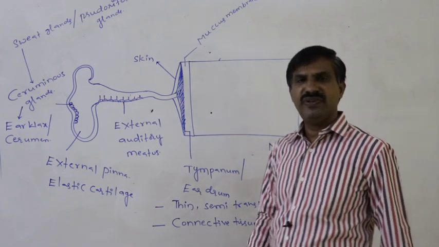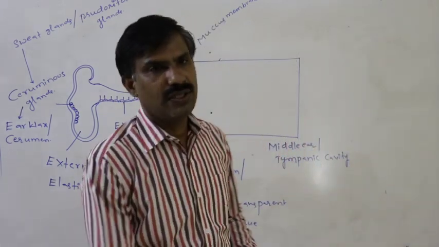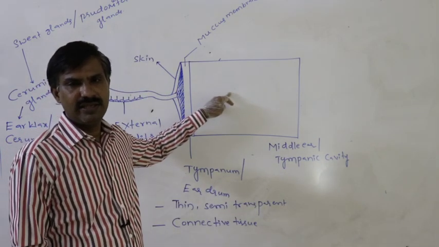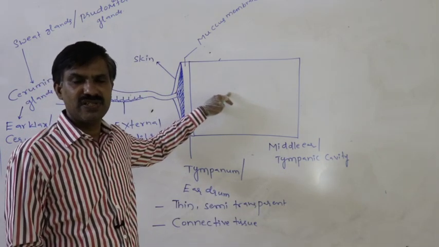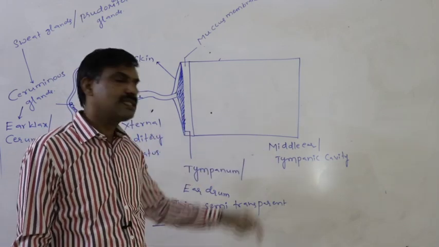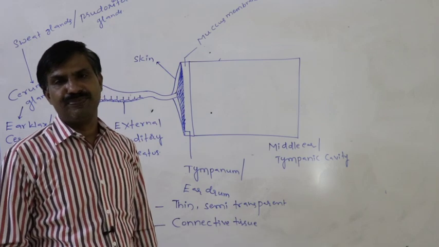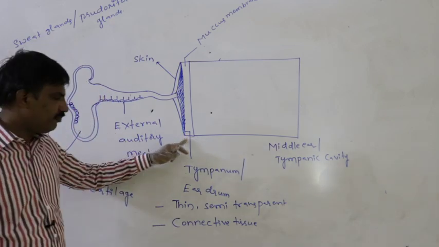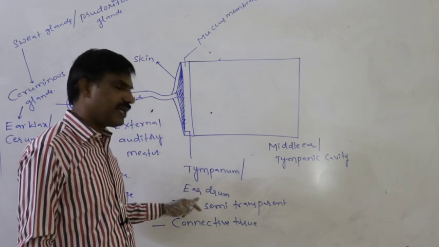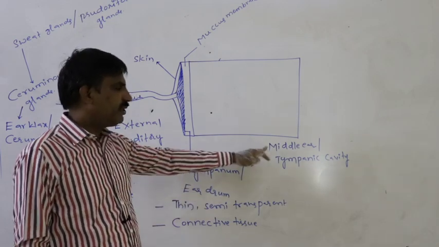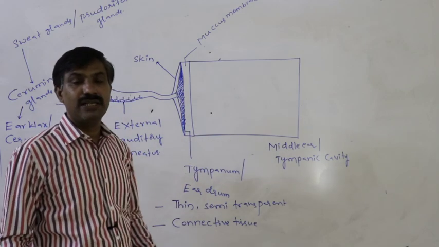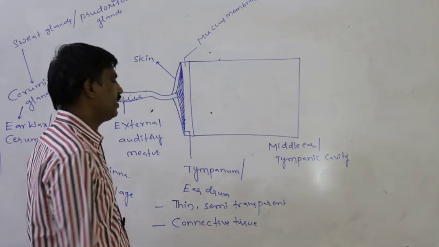The air-filled cavity which is present in our ear is said to be the middle ear, that is the tympanic cavity. Tympanum is different from the tympanic cavity. Tympanum is nothing but the eardrum. The middle ear filled with air is the tympanic cavity.